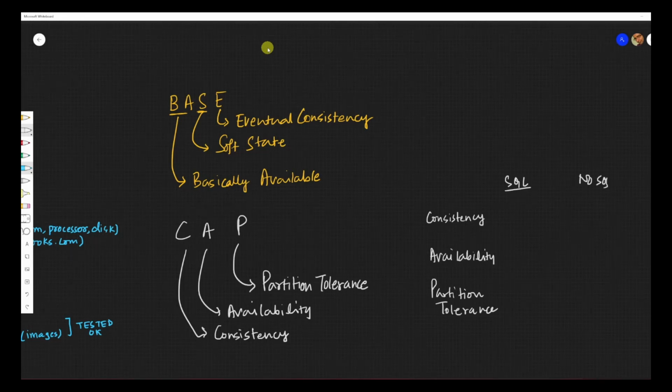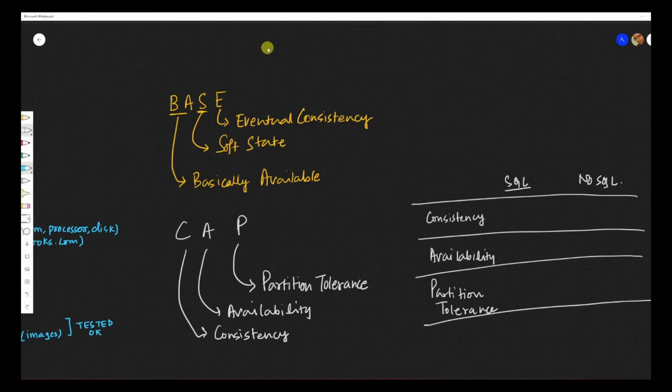So let's put it in a tabular fashion so that we can have it right in front of our eyes. One thing we have seen is that partition tolerance is something NoSQL is good at, so I'm going to put a tick over here. But SQL mostly is not going to be partition tolerant, so we are going to put a cross over here.